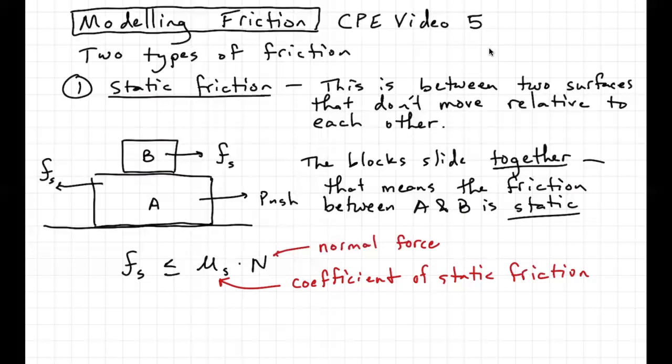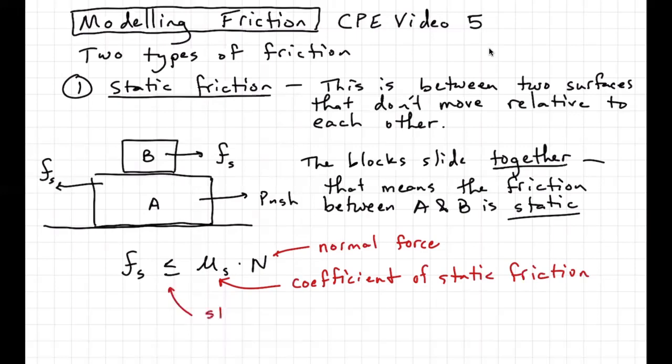And then this is an inequality, and I want to highlight that because it's really important. So this means that static friction will be whatever value it needs to be to prevent motion up to some maximum value, where that maximum value is given by the coefficient times the normal force.